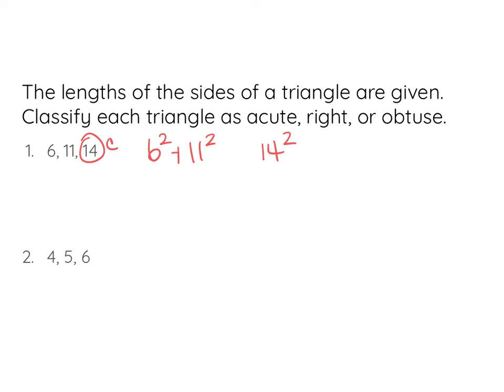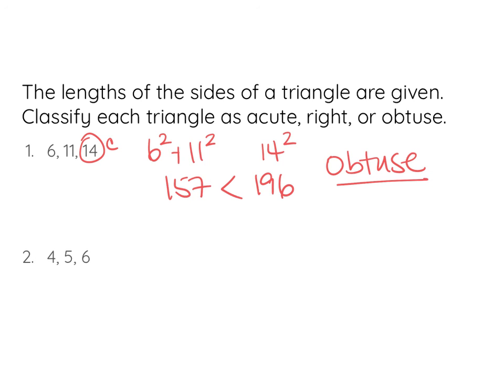If I take 6 squared, which is 36, plus 11 squared, I get 157. And 14 squared is 196. So since C squared is biggest, this would be obtuse. A squared plus B squared is less than C squared. So that is an obtuse triangle.